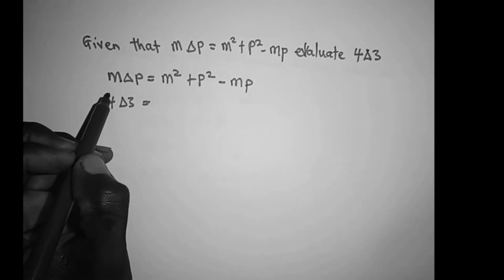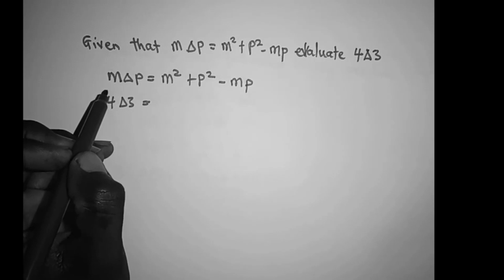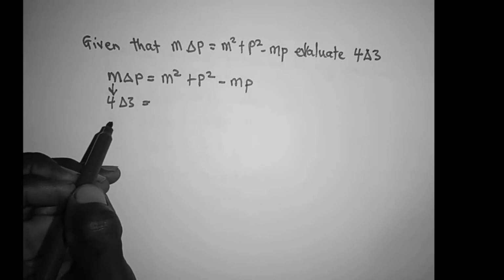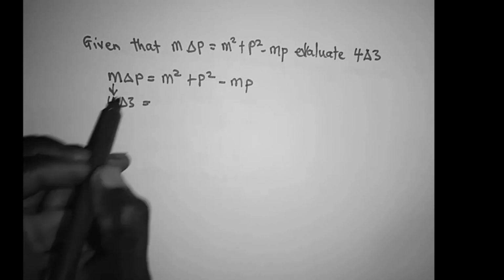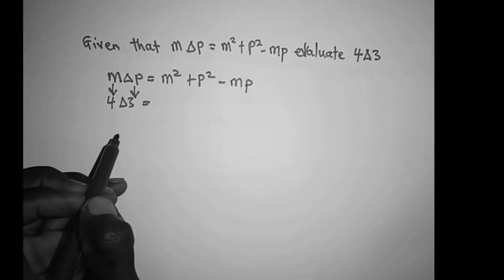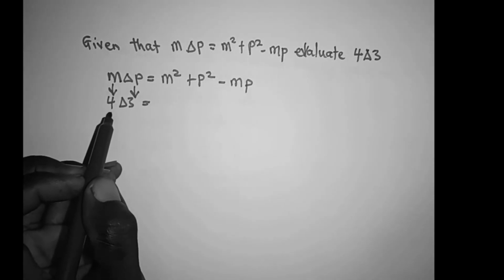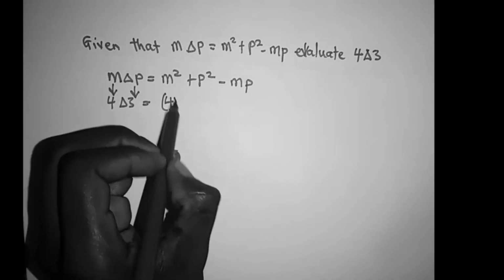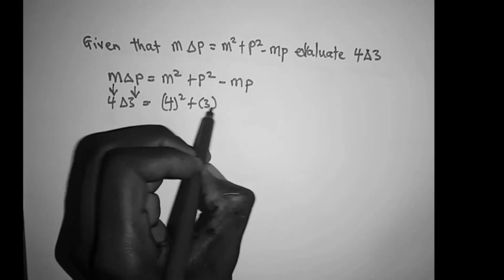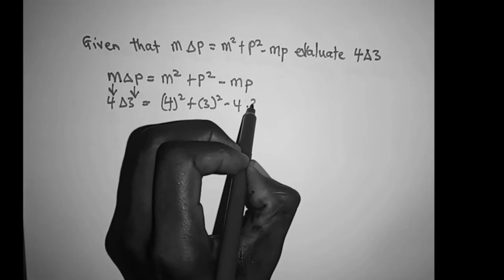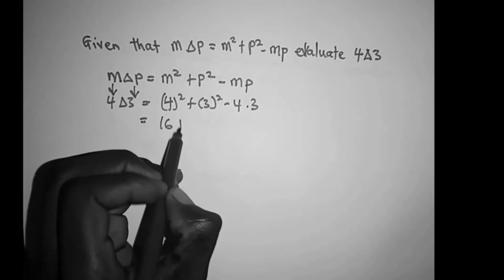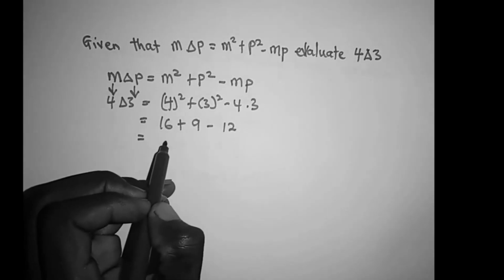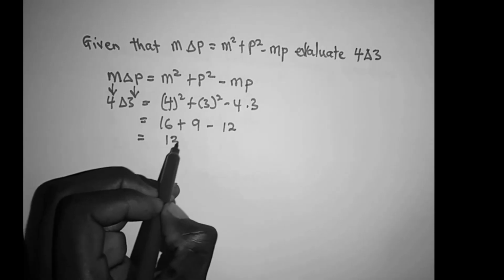Just as in the example we did, 4 represents M, and then 3 represents P. So wherever we see M, we'll put in 4, and wherever we see P, we'll put in 3. So this becomes 4 squared plus 3 squared minus 4 times 3. 4 squared is 16, plus 3 squared is 9, minus 4 times 3 is 12. 16 plus 9 minus 12 equals 13.